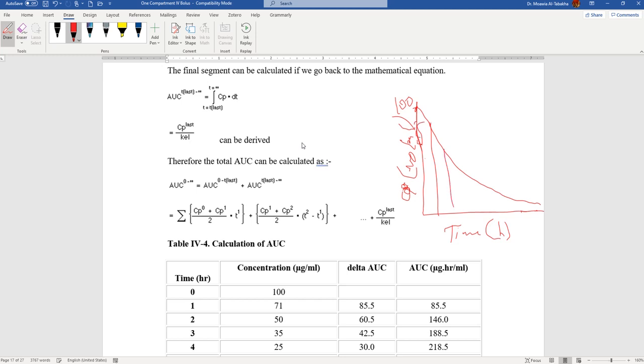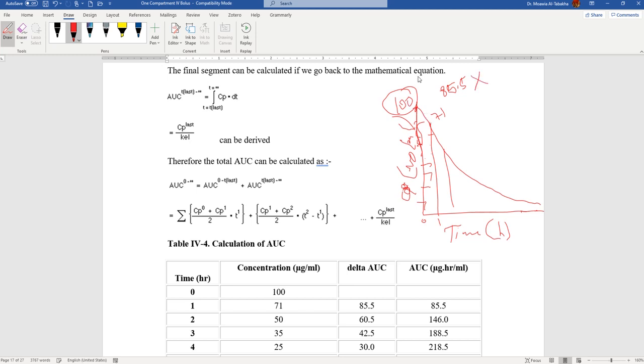So how do you calculate the first trapezoid? The first trapezoid بيكون الCP فيه at 0 hour 100, at 1 hour قديش؟ 71. طيب, والتايم انترفال هنا 1 hour وهنا ايش؟ 0 hour. فإذا you have a 1 hour time interval, هي الويدث multiplied by the height. طب شو الهايت؟ الهايت راح يكون ايش؟ 100 plus 71 divided by 2, and that is equal to ايش؟ 85.5. هذا هو الميد concentration, concentration جاي بالنص between 71 and 100.